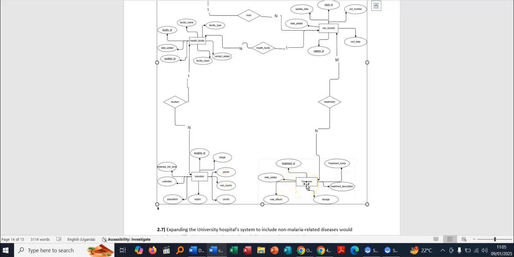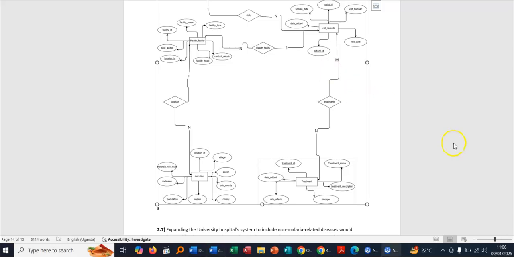Now the treatment entity had the primary key of treatment ID. It also had other attributes: the date added, the side effects, the malaria dose, the treatment description, plus the treatment name.